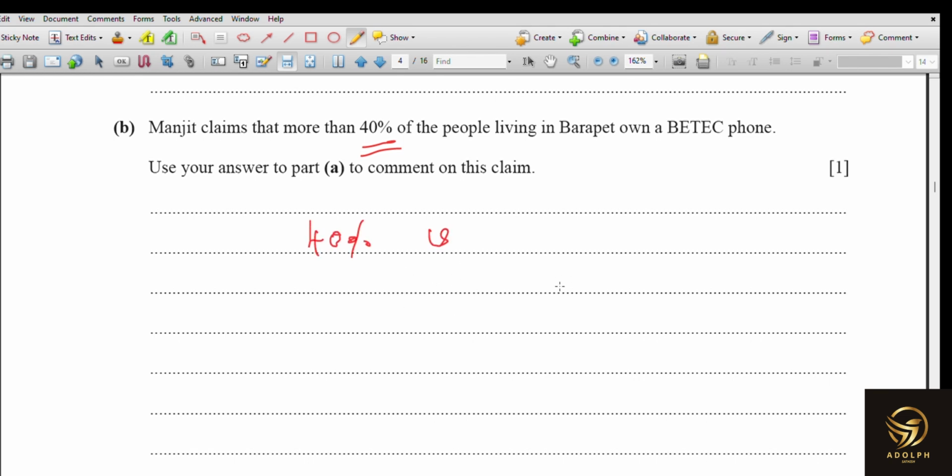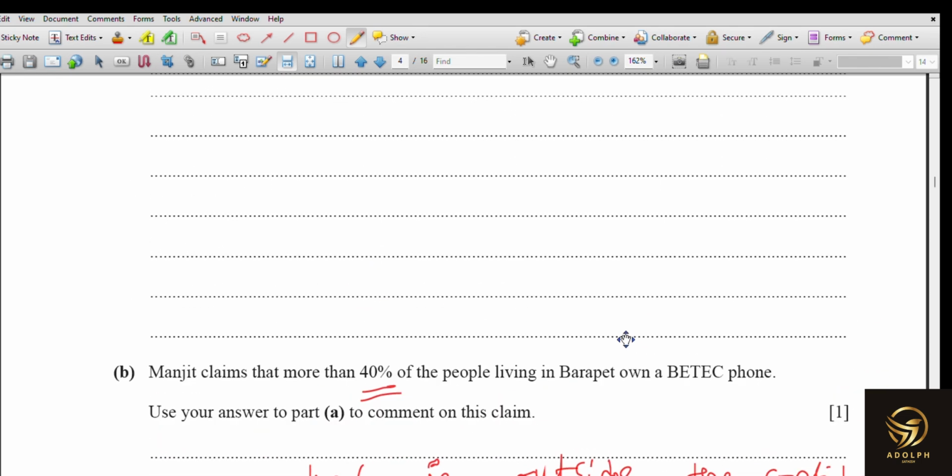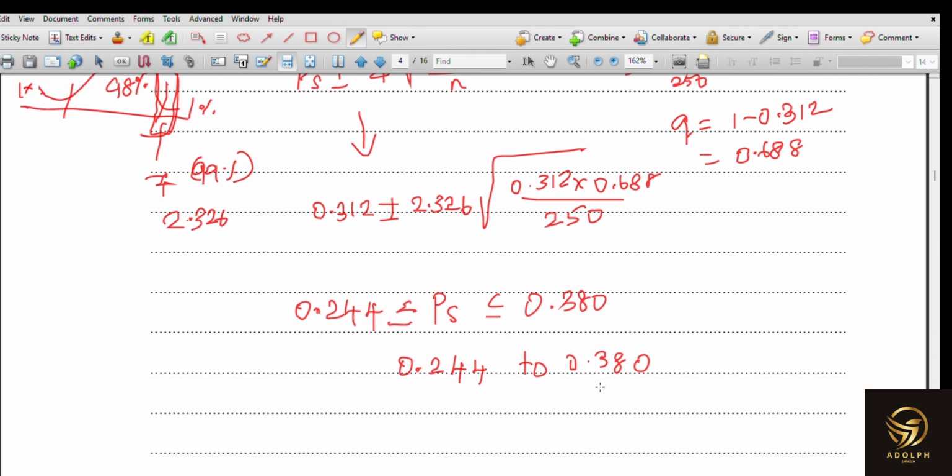40% is outside the confidence interval. Because the confidence interval, if you want, you can write, is from 24.4% to 38%, because that's what we got here, right?